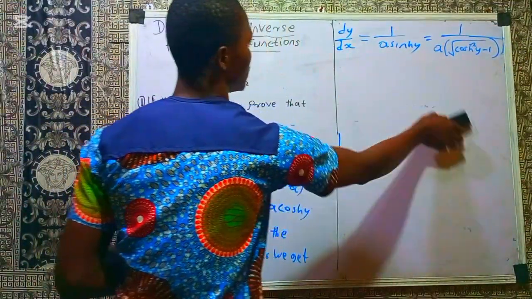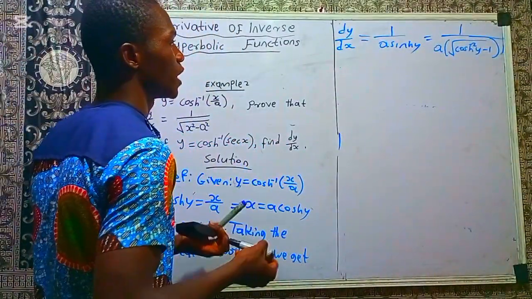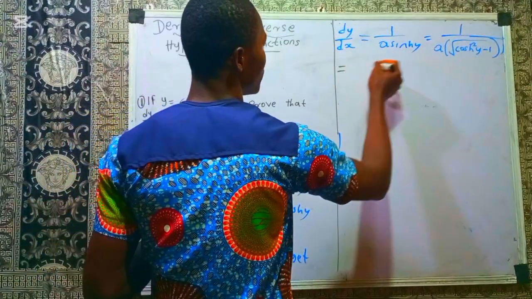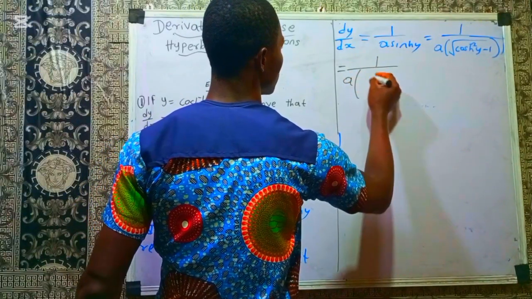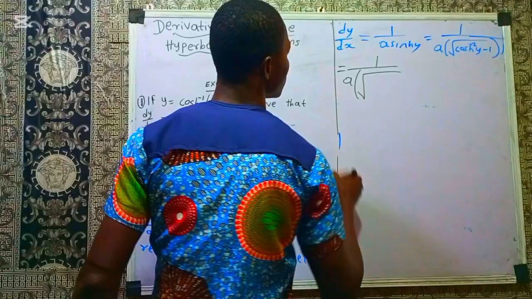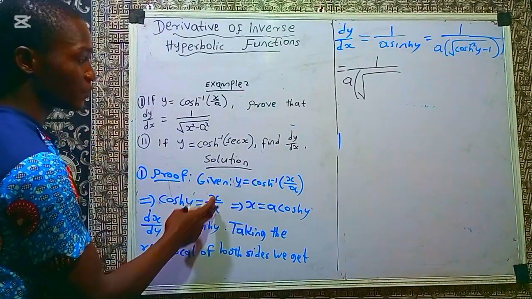So what's the next thing? The next thing is to simplify further. We have written our hyperbolic sine in terms of cosine. So we have 1 over a into square root of... what is hyperbolic cosine y? Hyperbolic cosine y is x over a.